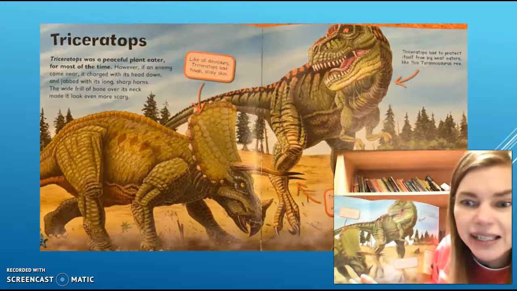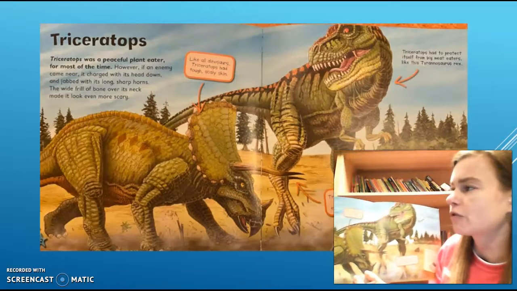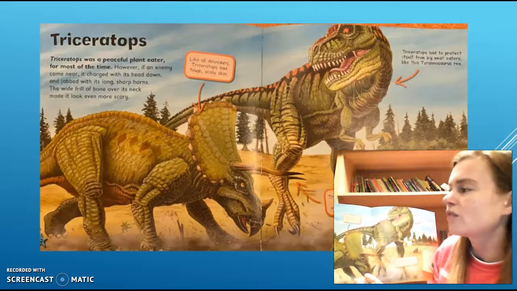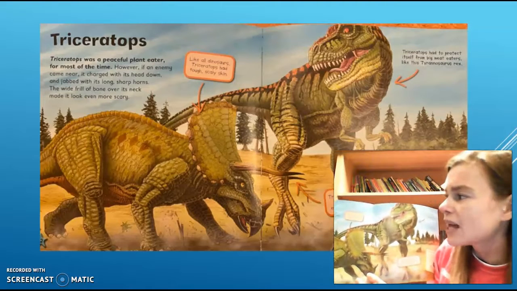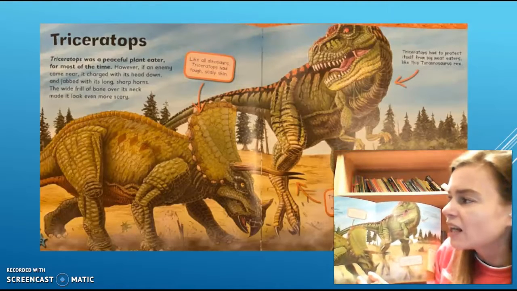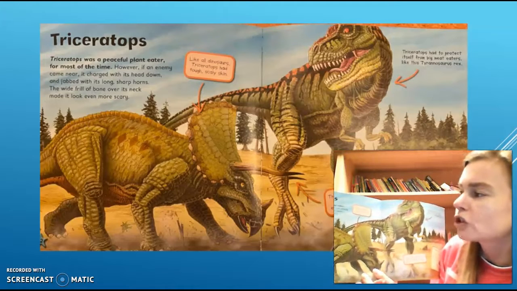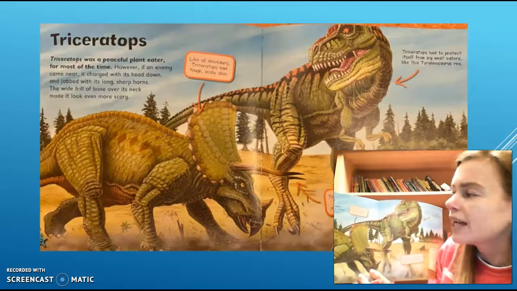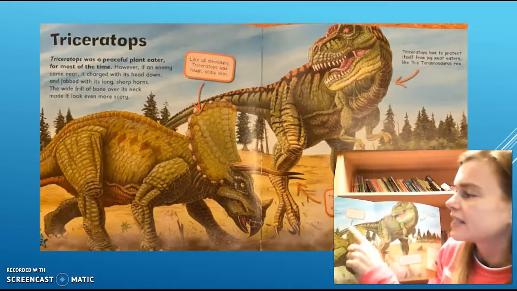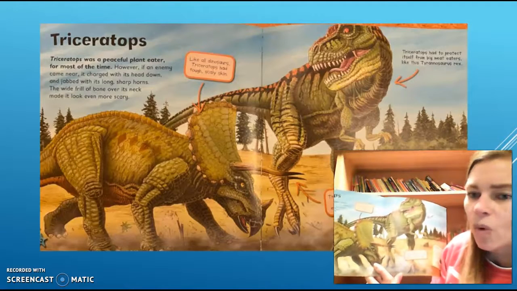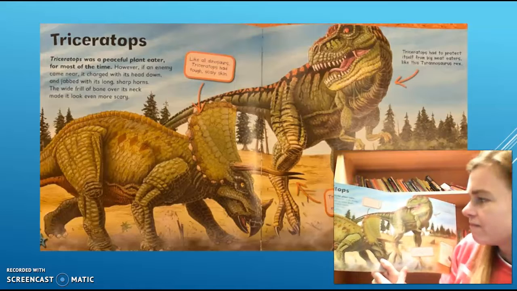So another word for plant eater is herbivore. We've learnt that before. So Triceratops was a peaceful plant eater for most of the time. However, if an enemy came near, it charged with its head down and jabbed with its long, sharp horns. The wide frill of bone over its neck, that's this bit here, made it look even more scary.